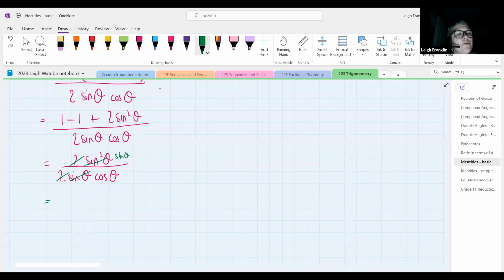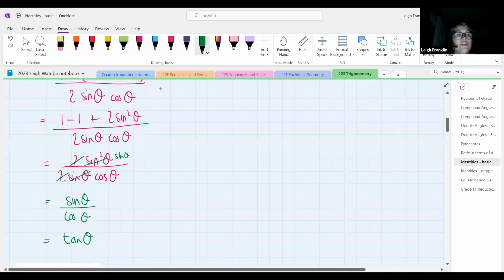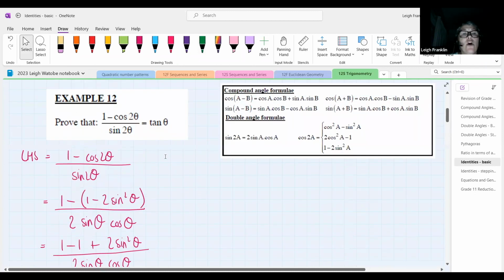So this means that we've got sine theta at the top, cos theta at the bottom, and then we can use our tan identity to write this as tan theta like so. Okay, so that just gives you an idea of how to set it out, the identities that would be used, etc. Are there any questions?